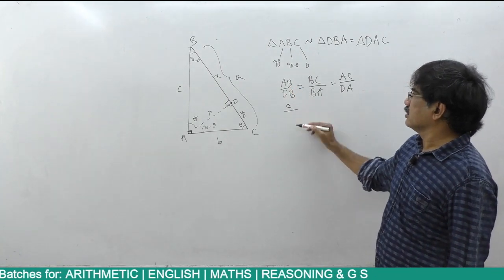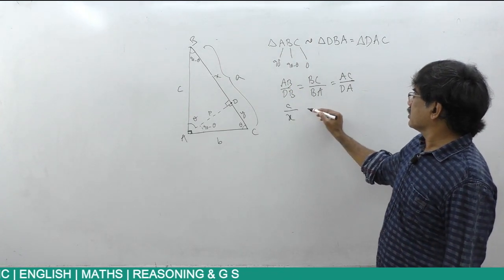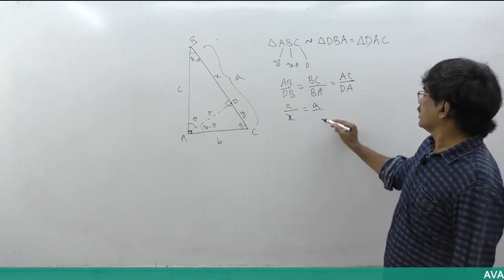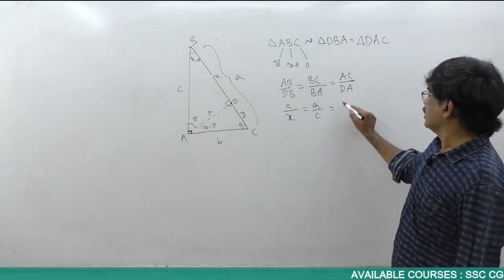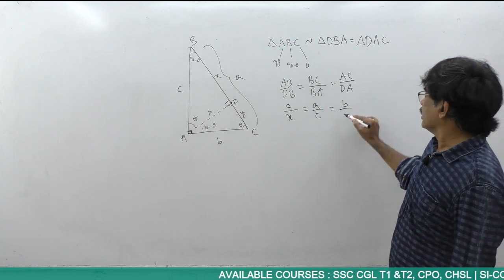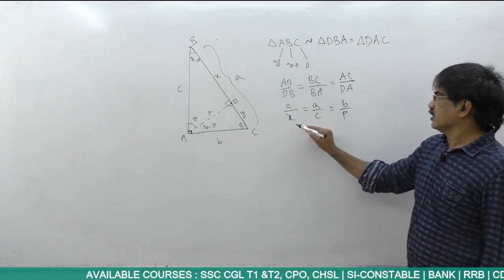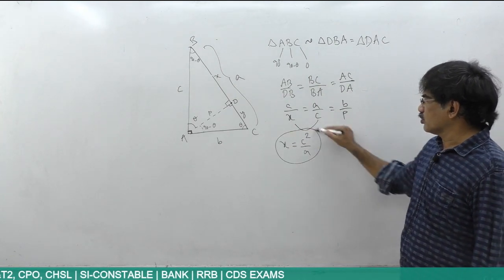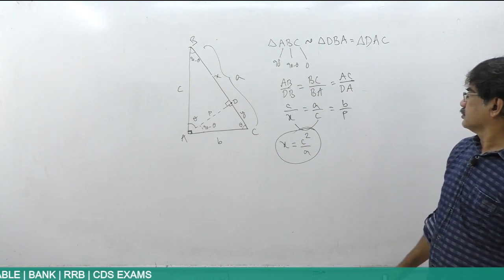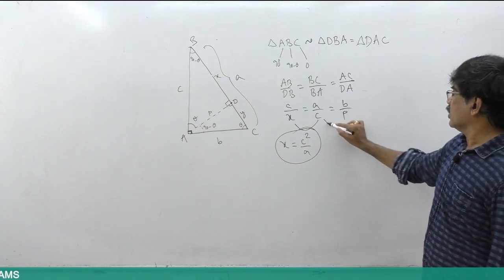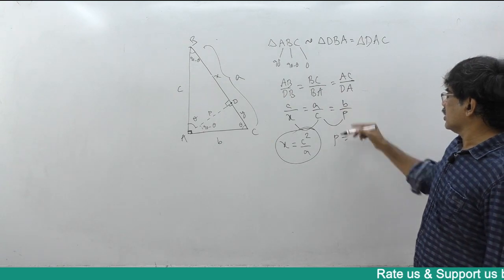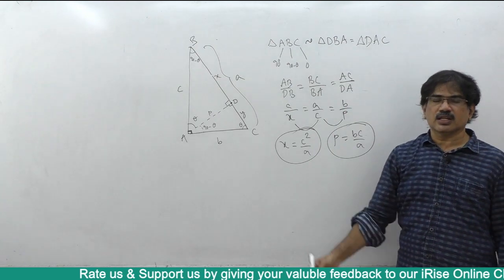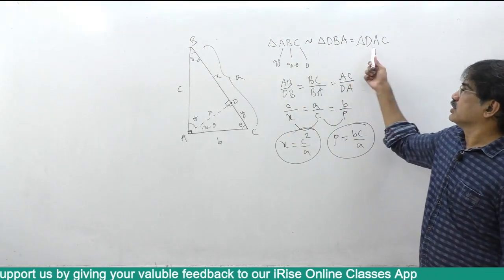AB is nothing but C, DB is nothing but X, BC is A, BA is C, AC is B, DA is P. If you equate these two, X is equal to C square by A. Already I have given this property. And equate these two, P is equal to cross multiply, we get BC by A. This is also given. Like that we can prove all the 5 properties using this condition.